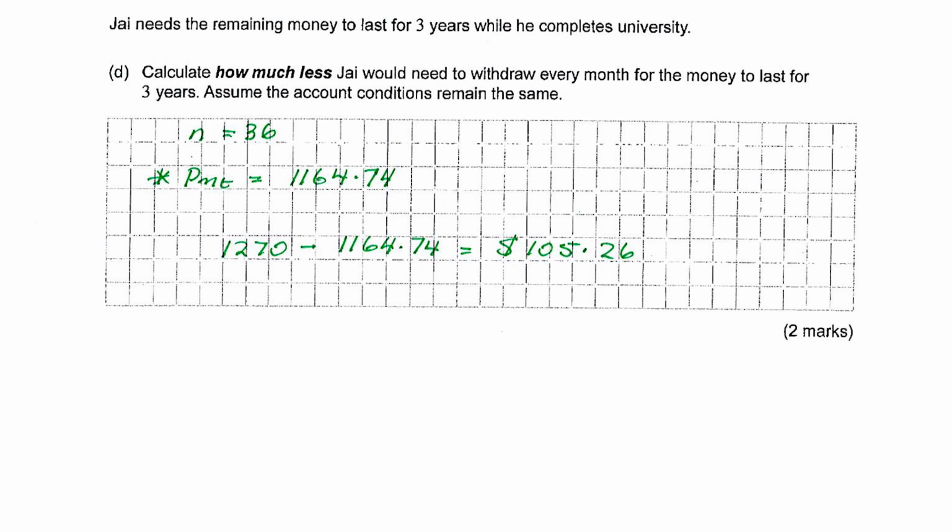I've used $1,267.96 minus that PMT value that we've just found. That second step was frequently, or commonly, missed. All good so far.